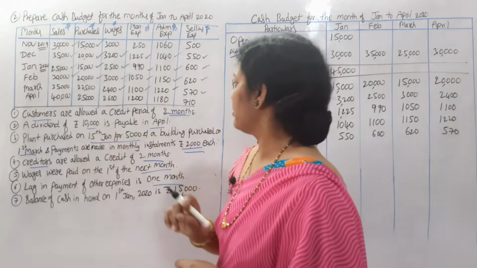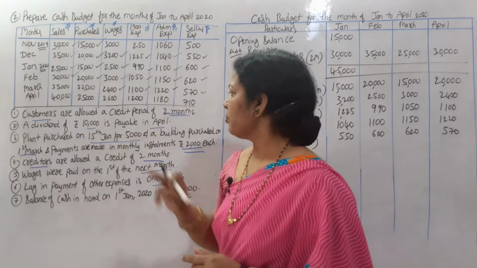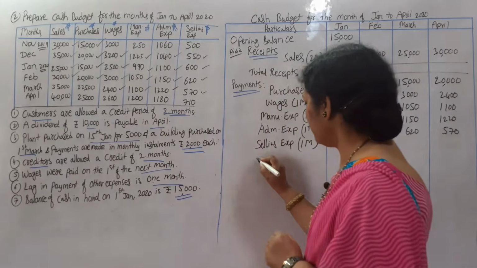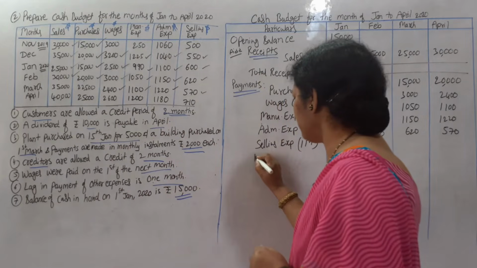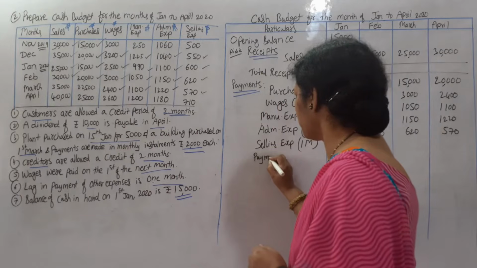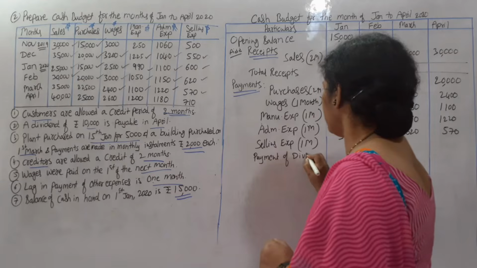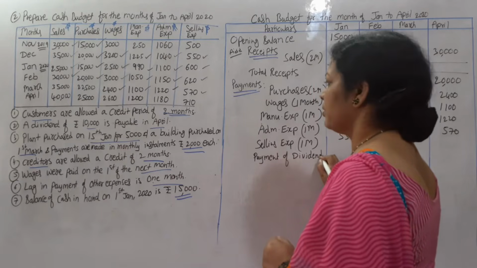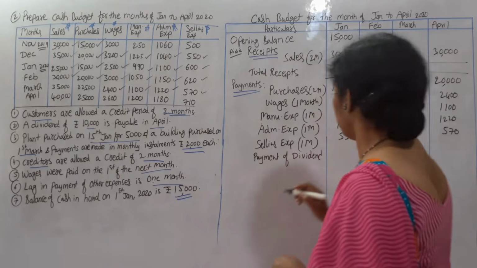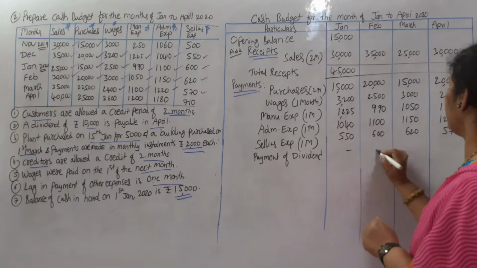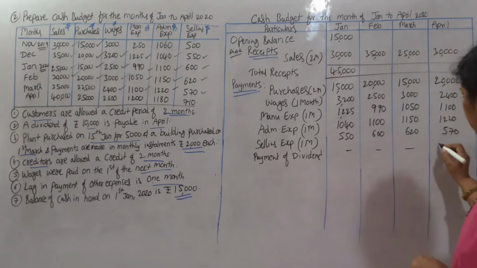And dividend of 10,000 payable in April. So payment of dividend. How much is it? 10,000. April month means here I am writing 10,000.